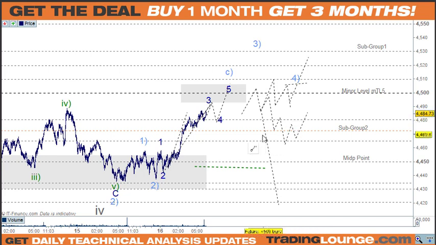I guess what we could also say too is that this 4,500 here is the main game in town, the main number, and then we've got group 1 above and group 2 below. So now that it's finding support here, that means that we can look to short below group 2.